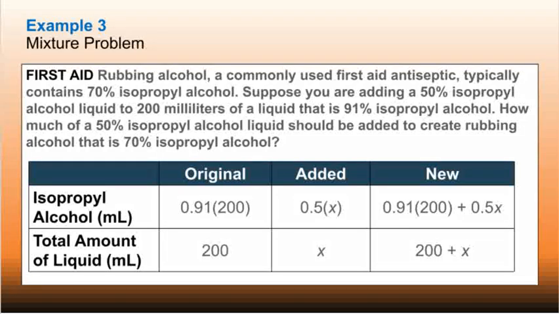The new equation is going to now be 0.91 times 200 plus 0.5x. So we're just adding these together. So the total amount of liquid is on the bottom. We have 200 plus x.